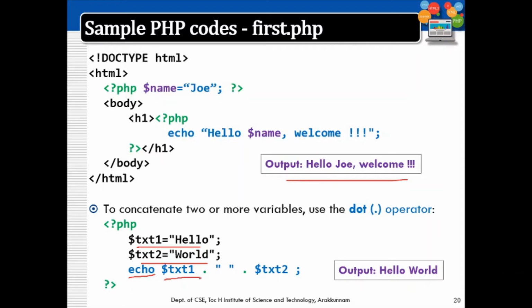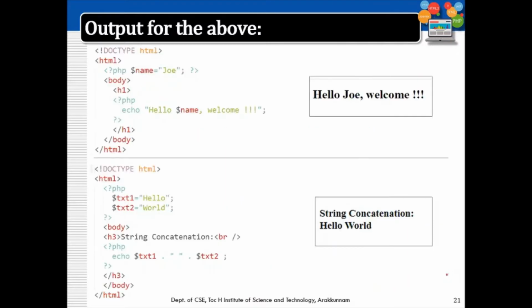So $txt1, dot, space, dot, $txt2. Here the dot is used as a concatenation operator. The dot operator is the concatenation operator to concatenate two or more strings. So here the first one is hello, along with a space, world is also printed. So here are the outputs for the same.